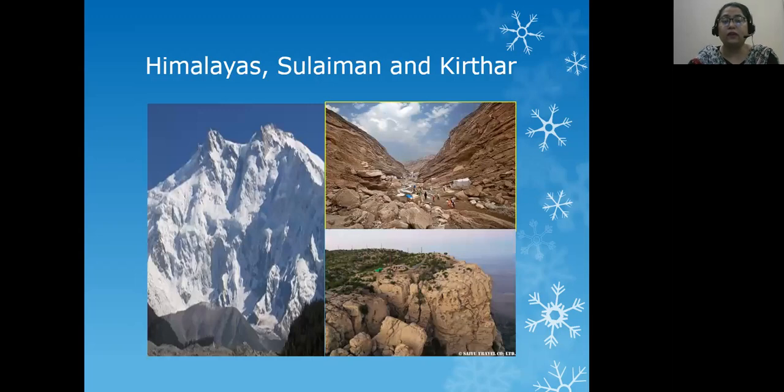Now this is how the Himalayas, Suleiman and Kirthar look. This is the White Mountain of the Himalayas. This is Suleiman, where you can see a pass, and these are the Kirthar Mountains. Kirthar Mountain and the Suleiman Range are dry.